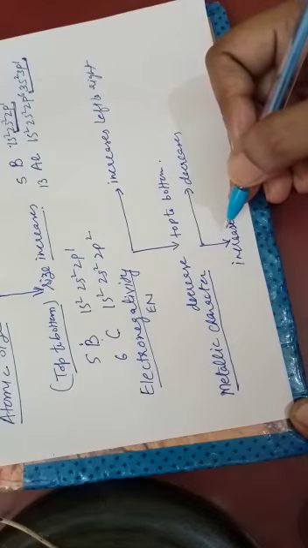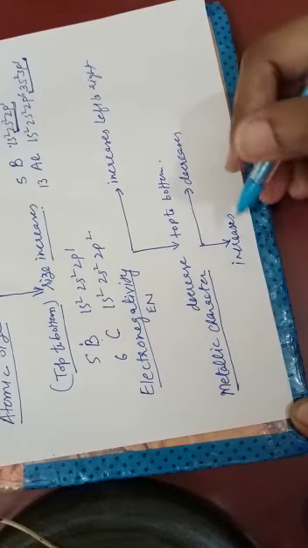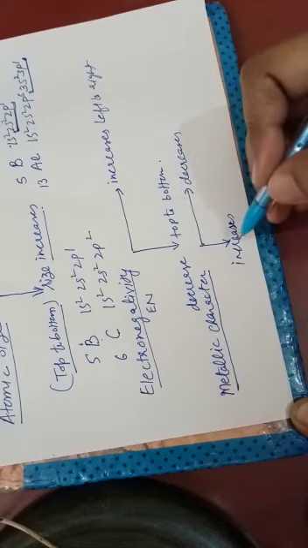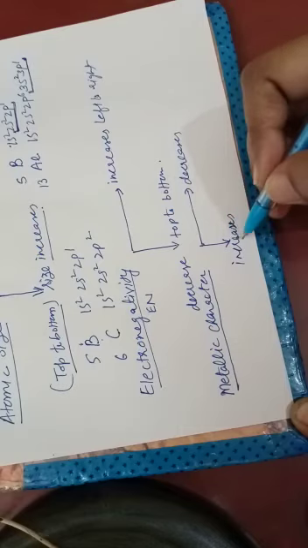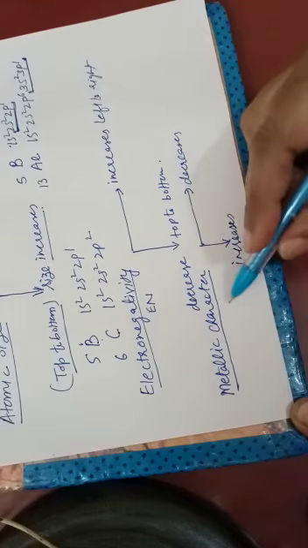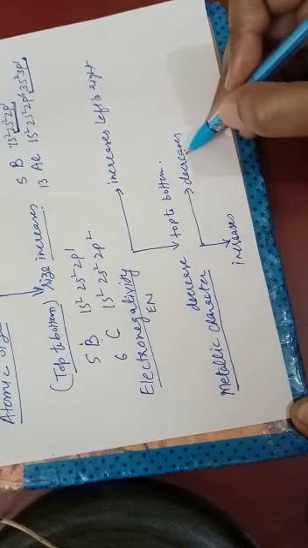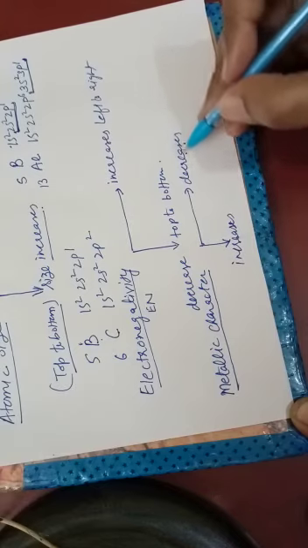When effective nuclear charge decreases, it becomes easier for the electron to leave. So losing an electron is easy, which is the characteristic of metals. That's why metallic character increases top to bottom. But in the case of left to right, it decreases because effective nuclear charge increases, so it is very difficult to lose an electron.